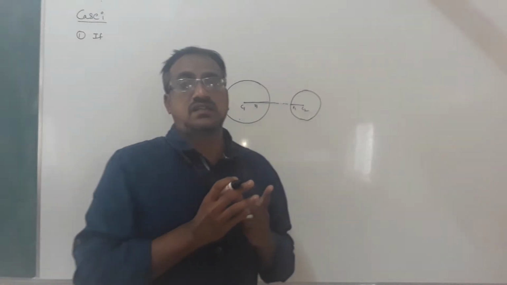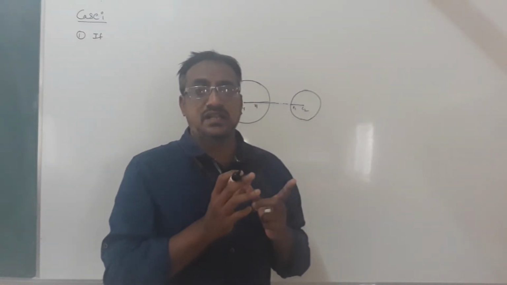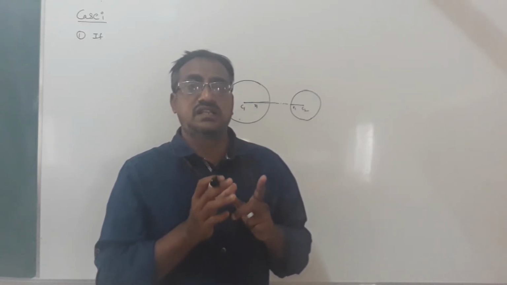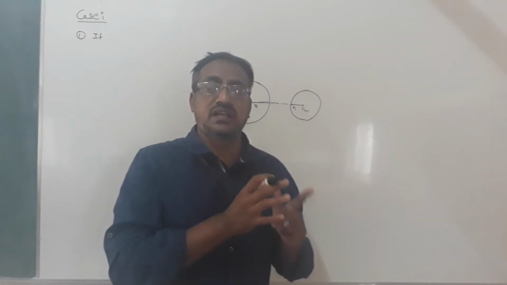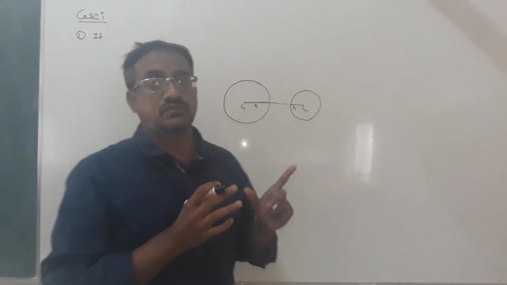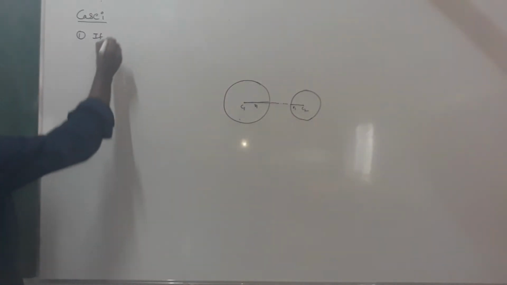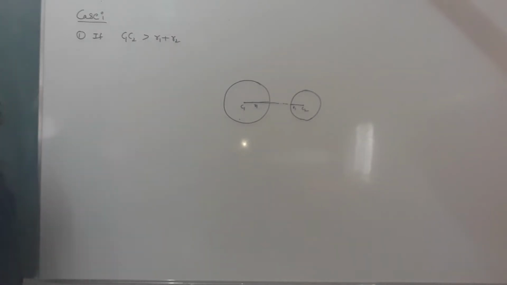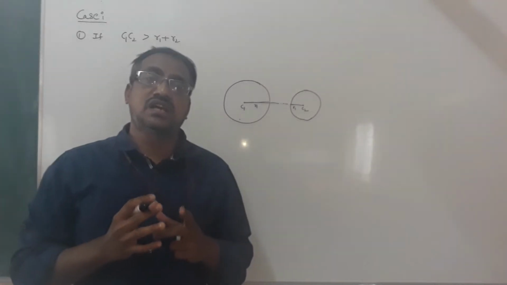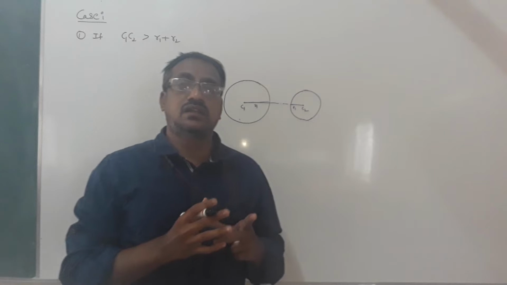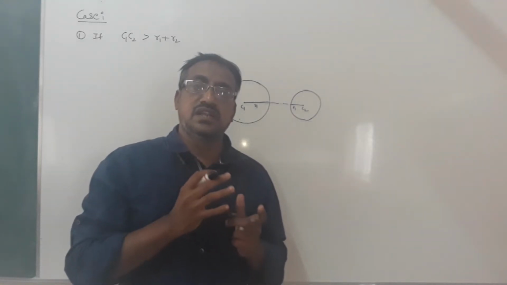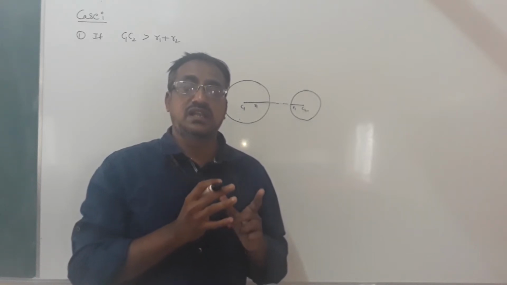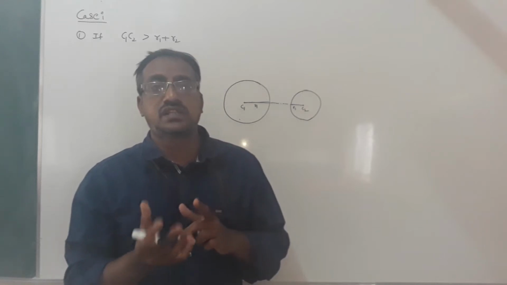You can observe that the distance between C1 and C2 is always greater than the sum of the radii, that is R1 plus R2.